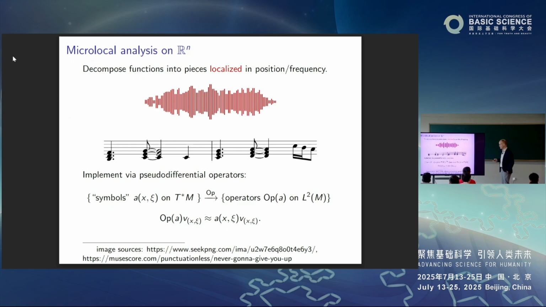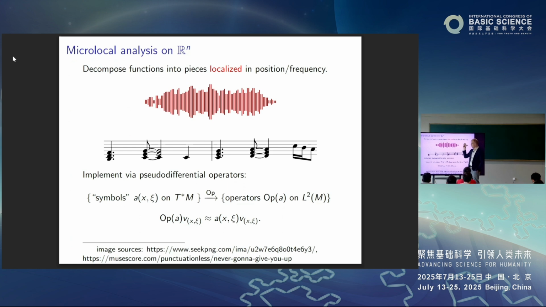At a slightly more technical level, and you can zone out now, I'm just trying to give a little more technical detail about the paper for the purpose of this conference. The way this is implemented in practice is you take a function, or more precisely a symbol, which just means a function satisfying some conditions, defined on, in general, the cotangent bundle of your manifold, but here you can just think of that as a function defined on the staff.